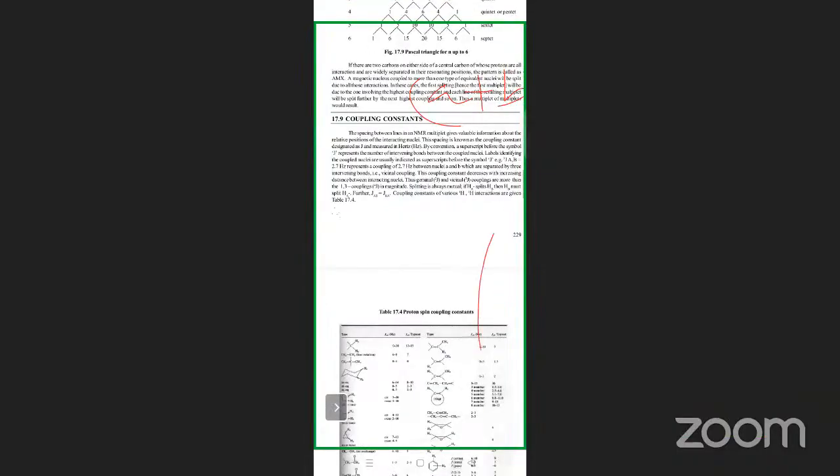After 5, quintet or pentet, generally we consider it a multiplet.